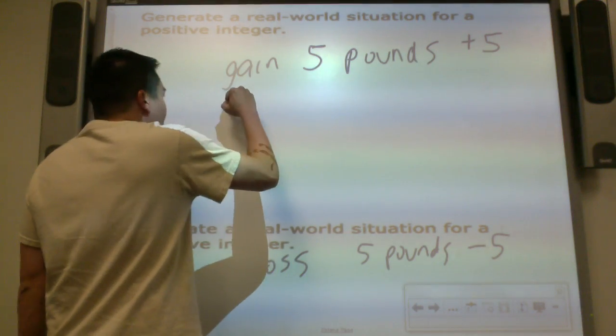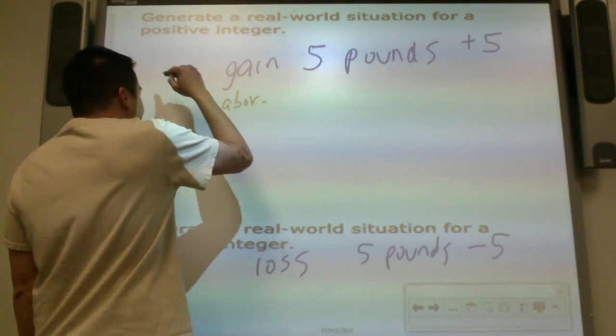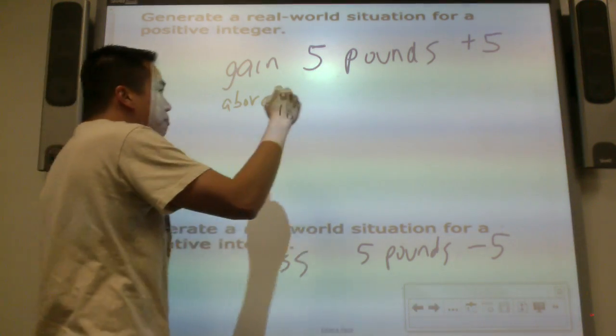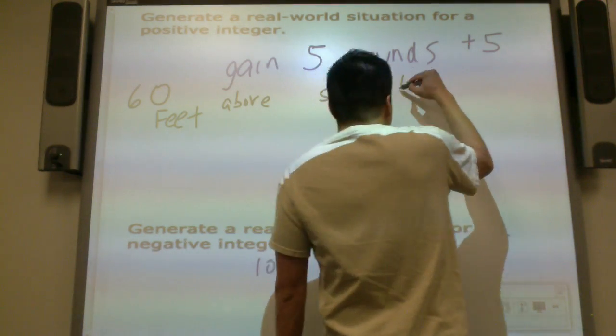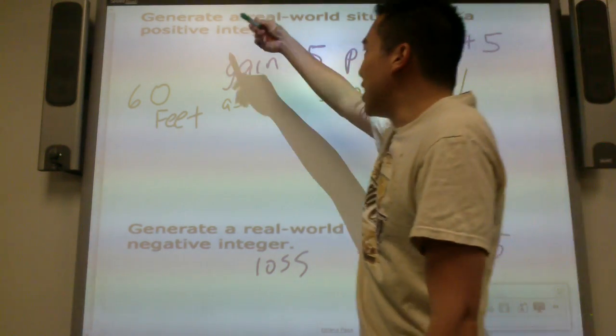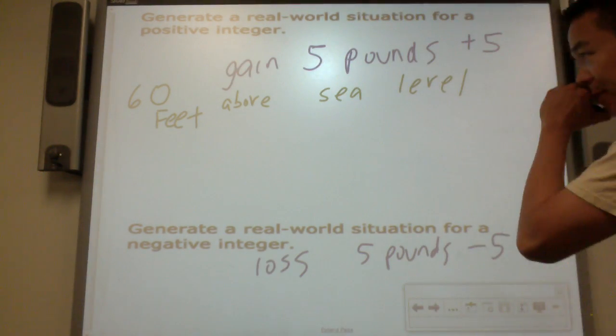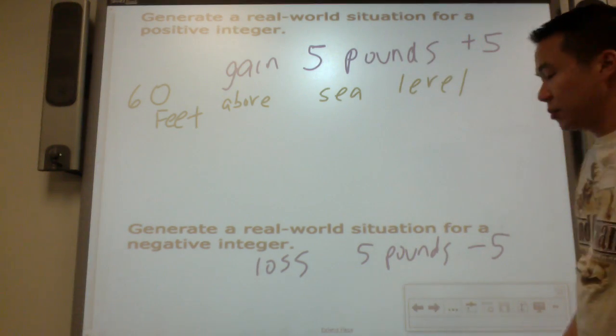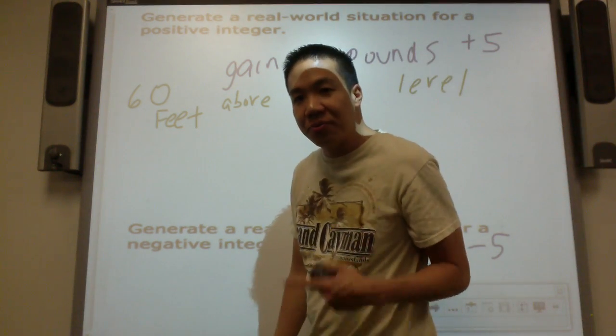It is 60 feet above sea level. Would that be represented as a positive or negative integer? We represent it as a positive integer. Is 60 a whole number also? Yes, it is.